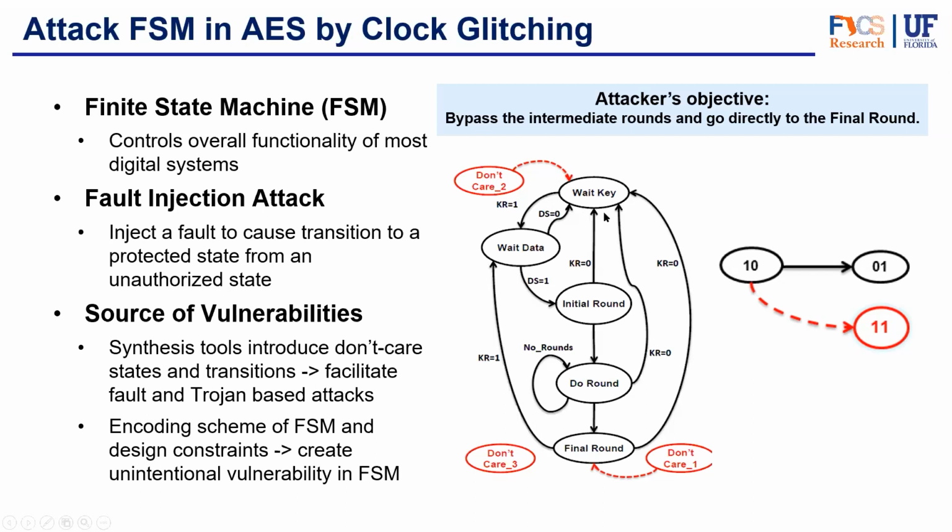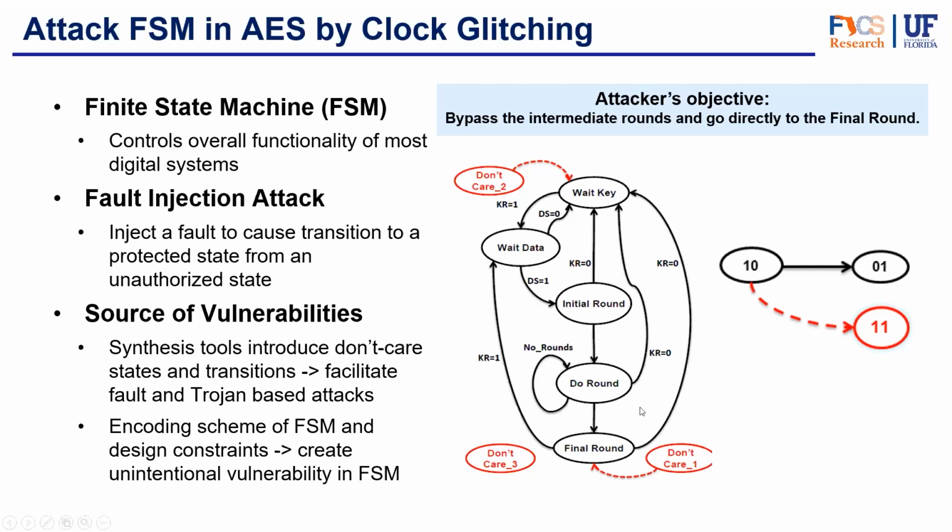These 5 states start from waiting for the key, waiting for the plaintext, then the initial round of operation, then the do rounds, which, based on the number of rounds, it will stay in. Then in the final round, the plaintext will be completely converted to a random ciphertext, and then the done signal will be asserted at this state, showing that the ciphertext is ready and can be read at the output.